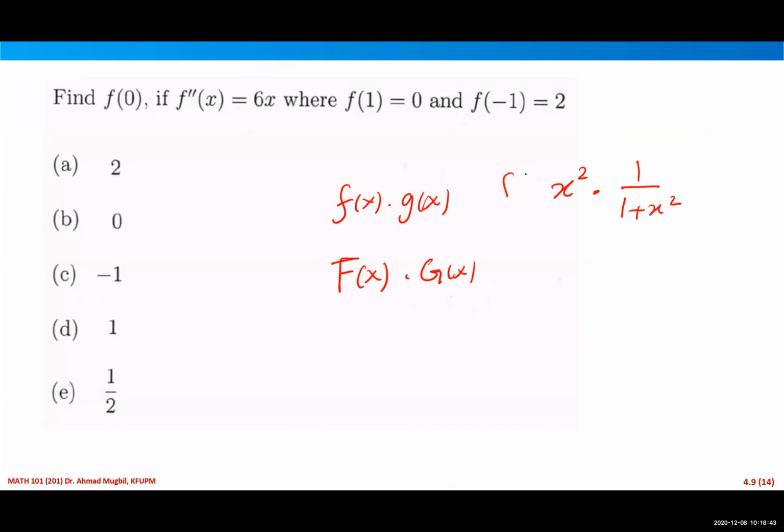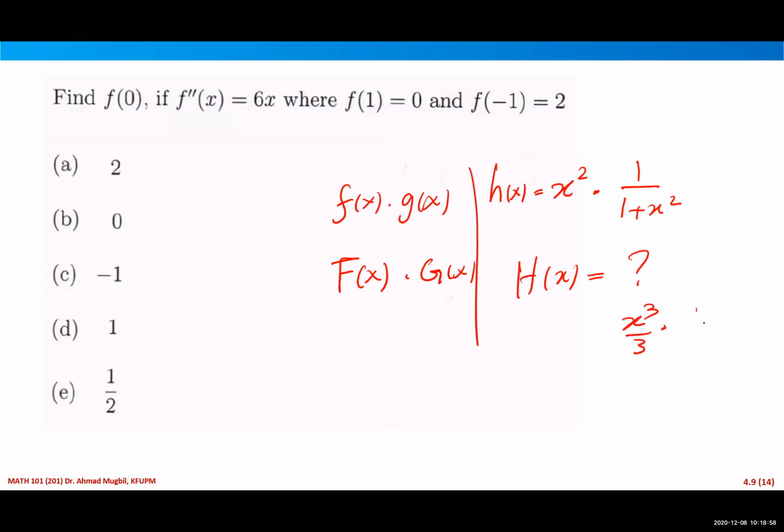Let's say this is h of x, this multiplied by this. The question is, what is the antiderivative of this function? Is it x to the power 3 over 3 multiplied by tan inverse? The answer is no.